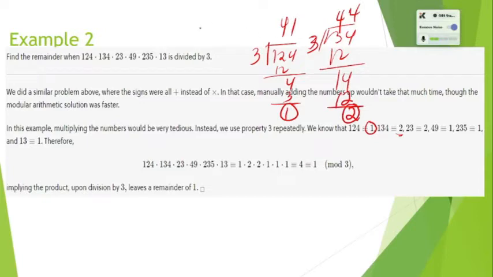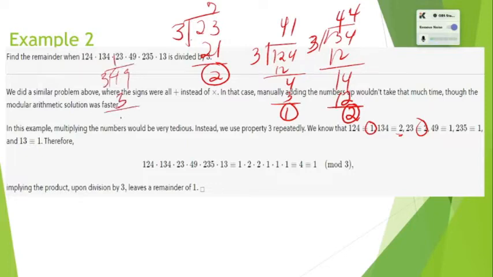Then, let's go with 23 divided by 3. So, that is 5, 4, 7, 8, 7. So, that is 21. So, remainder 2. Then, 49 divided by 3. So, that is 1. So, that is 19.